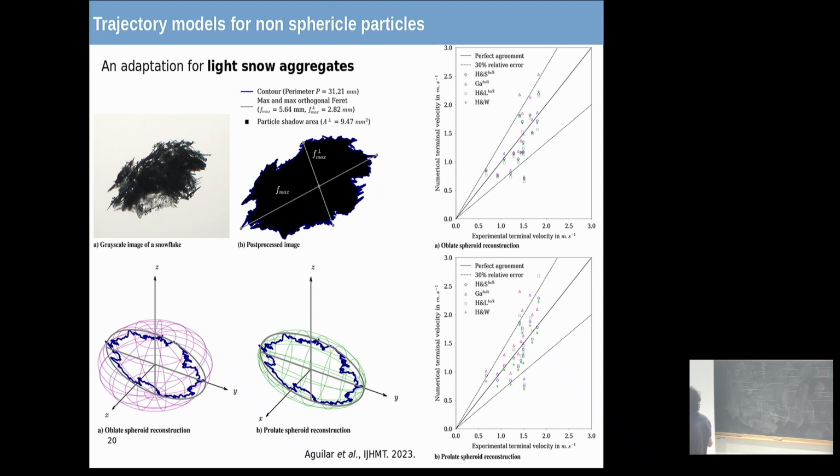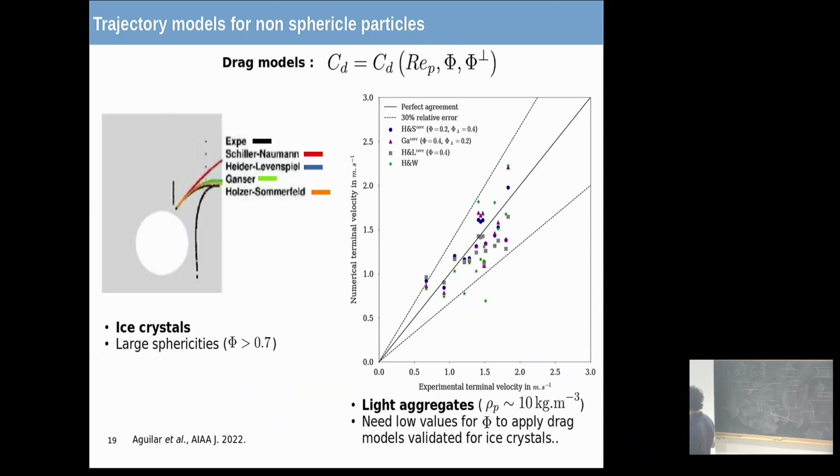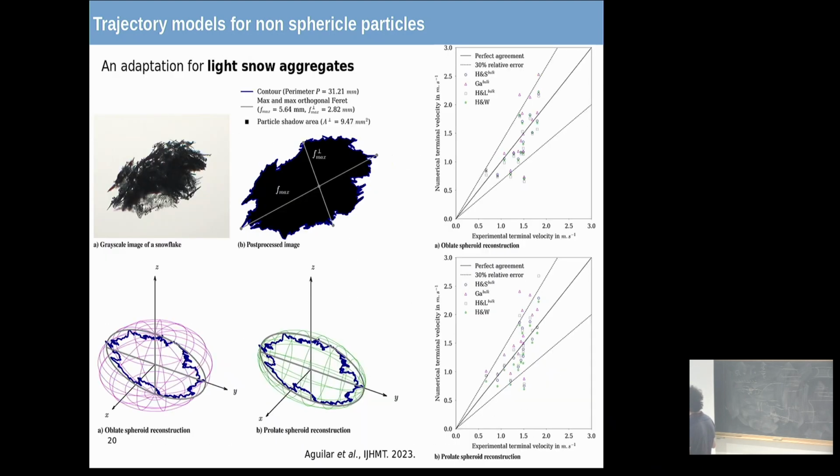And okay, for the results on terminal velocity, I would say the results are quite similar to when using this kind of law, but now we do not need to decrease so much the sphericity, which was not very realistic. And now the idea is that we try to model every snowflake by an equivalent spheroid or an equivalent particle with a convex hull, and we are in the margin of 30%, which is the range which is acceptable by the industrial partners.